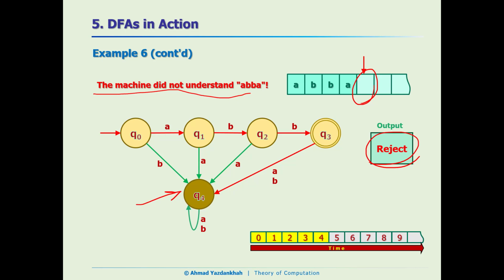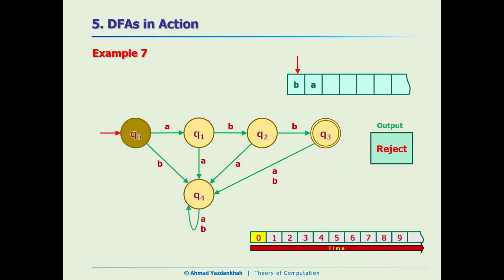Okay, another example. This time we have BA. The B goes here, and this time the machine moves to Q4, and then it will read A. Since Q4 does not have any other outgoing transition except this one, this loop keeps the machine in Q4.